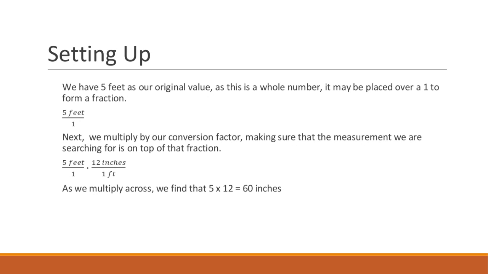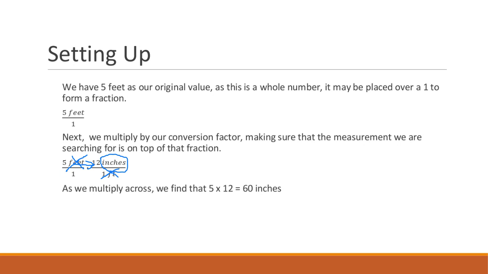But as we multiply 5 feet times 12 inches, the diagonal units are always going to cross out, and we want them to, because the unit we want is inches, right? So as we multiply across here, 5 times 12 is going to equal 60, just like we had said.